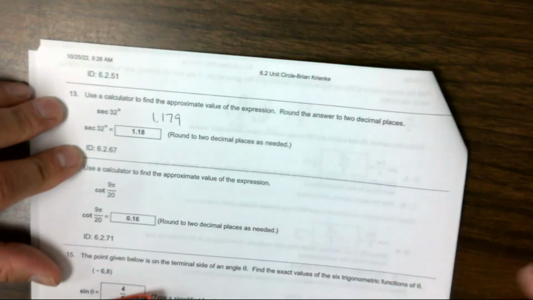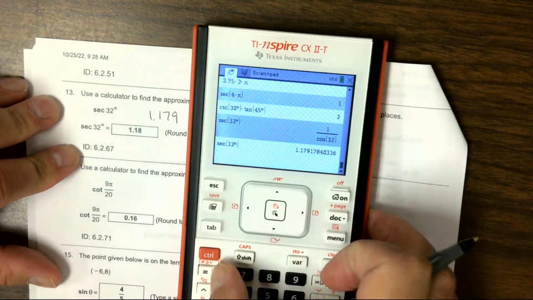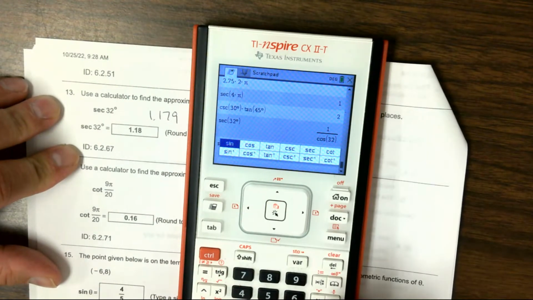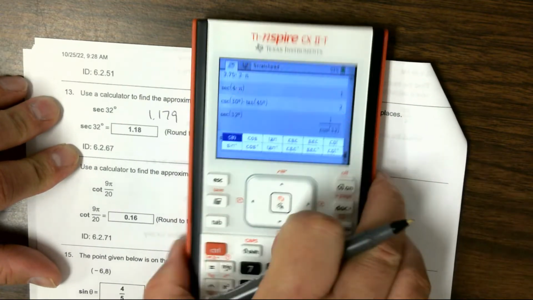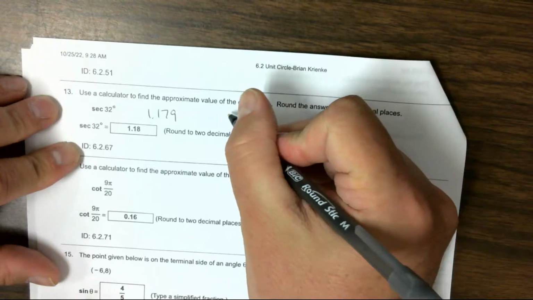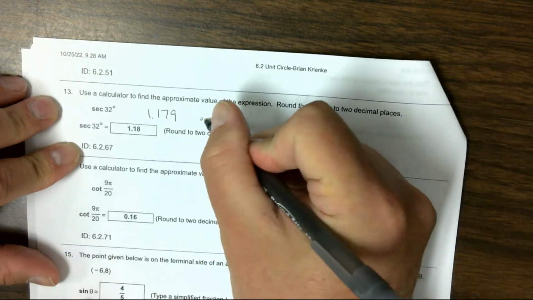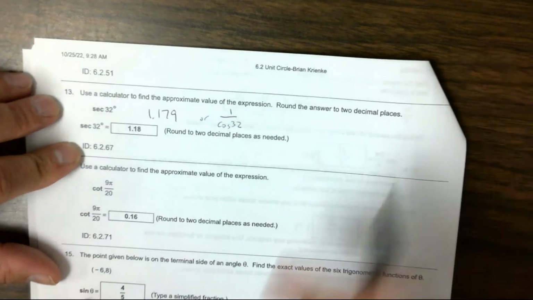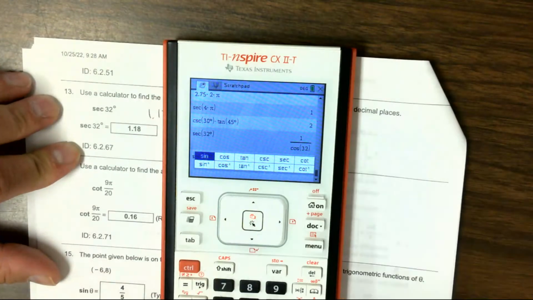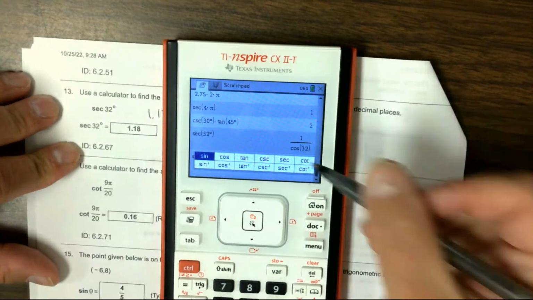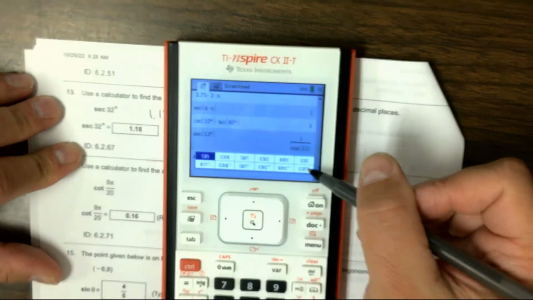So these calculators do have your menu with your 12 boxes. If you had an old-fashioned calculator, you'd have to do 1 over cosine 32, because there were some calculators before this that did not have cosecant, secant, or cotangent.